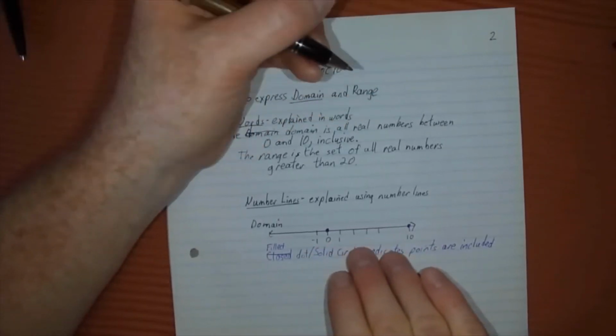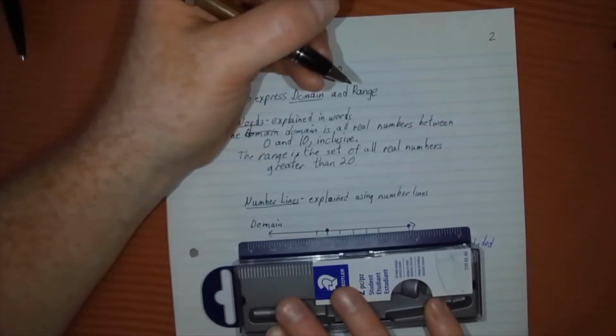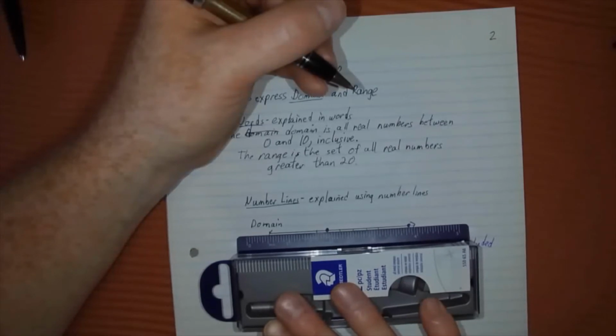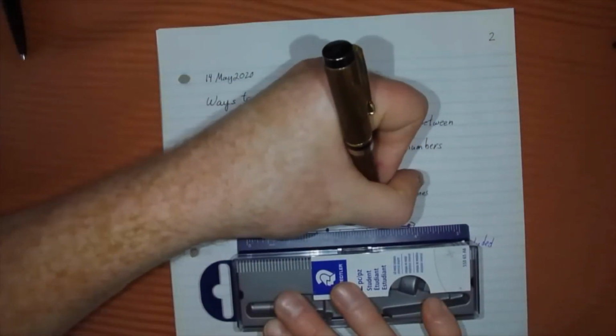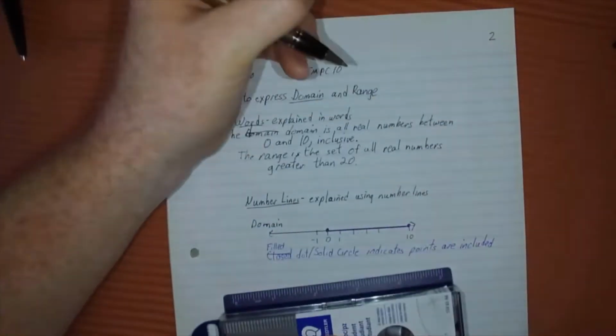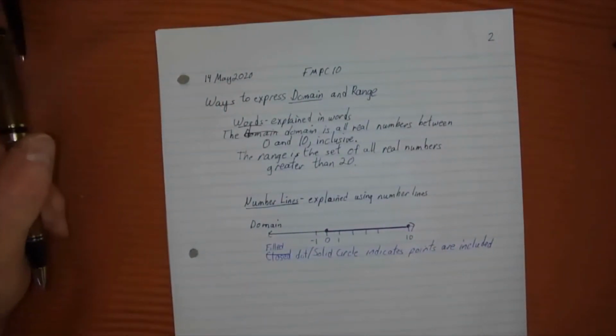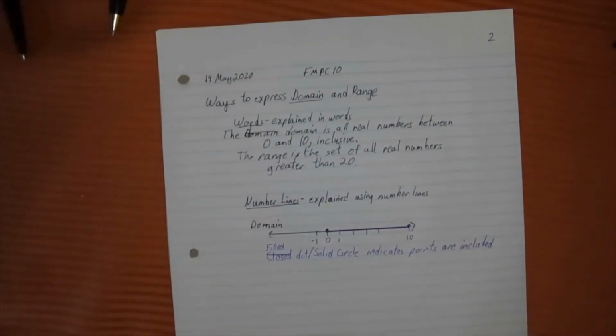So this would mean all numbers between 0 and 10 inclusive. And you do the dots and you show where the numbers are. I'm going to draw a line. Beautiful blue line. There we go. 0 to 10. That's what we have.